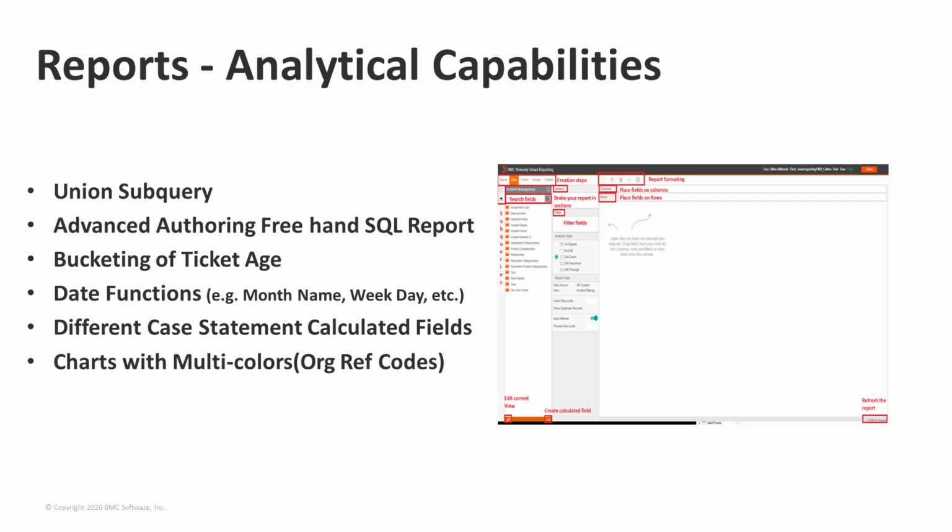And we can also create a report to calculate the age of incidents, where we can group the age, and there are some predefined functions available like the month name, date difference, week number, and other predefined database functions which you can apply to your reports. And you can also write your own case statement with multiple when then else clauses. And then there's a feature called reference code, where you can define different colors for each value either in the report or in the chart.